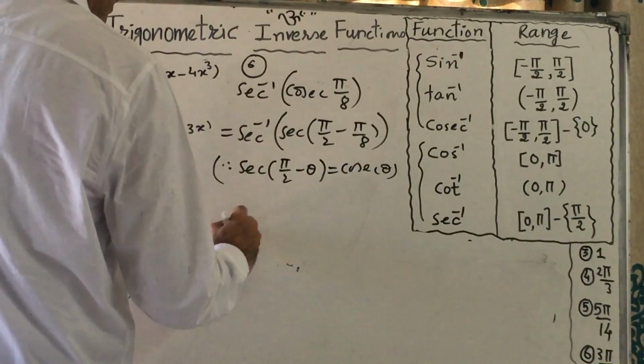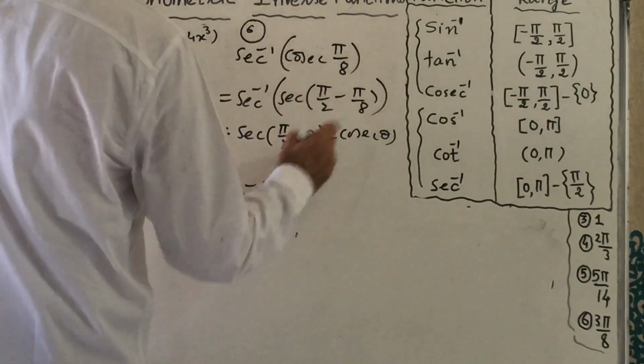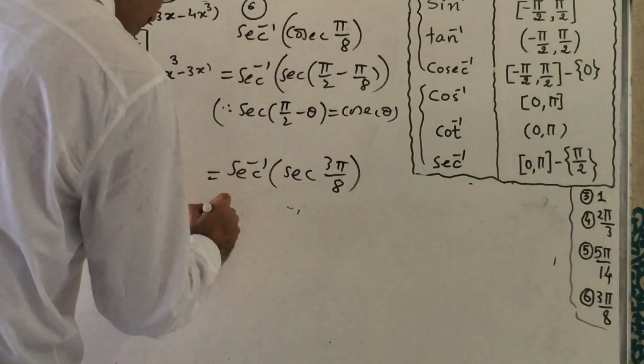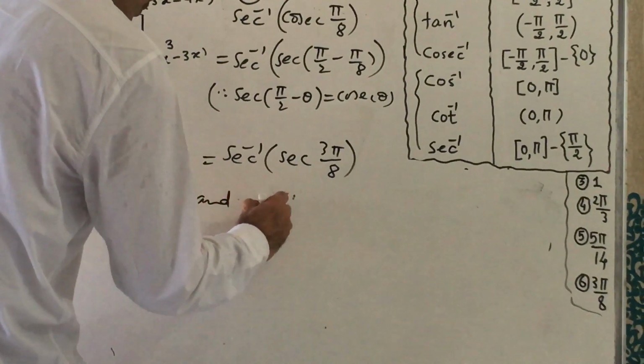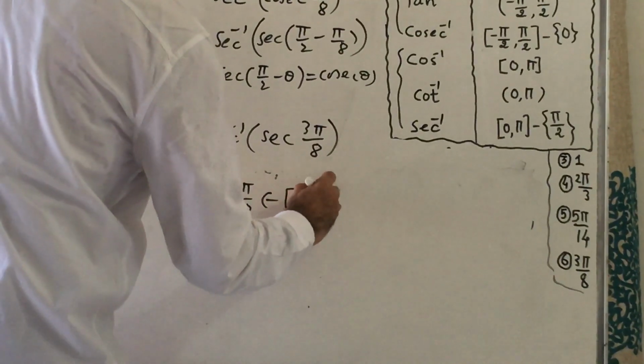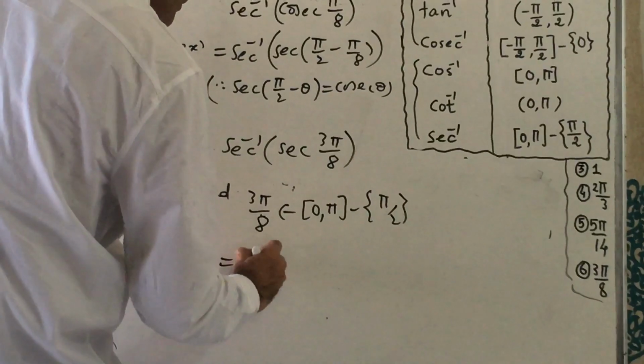So now sec inverse of sec of 4 pi by 8 minus pi by 8, so it is sec 3 pi by 8, and we know that 3 pi by 8 belongs to the range of sec inverse, that is 0 to pi minus pi by 2. So the answer is 3 pi by 8.